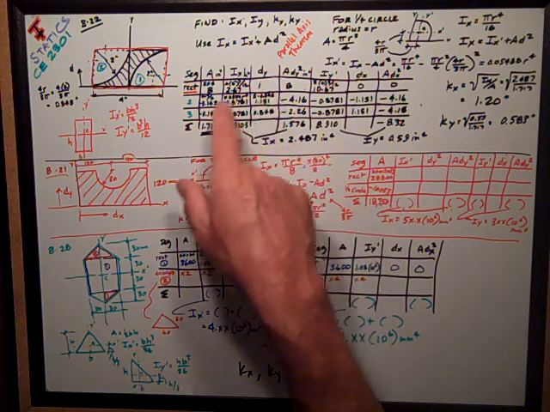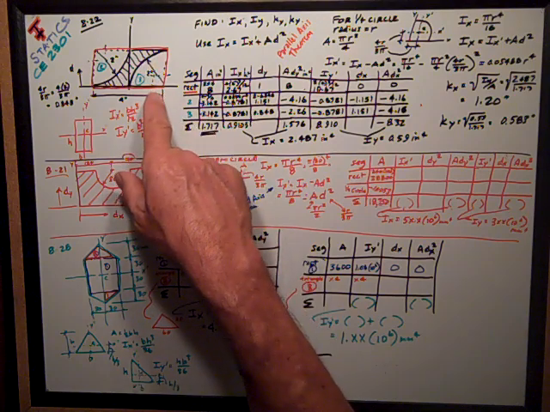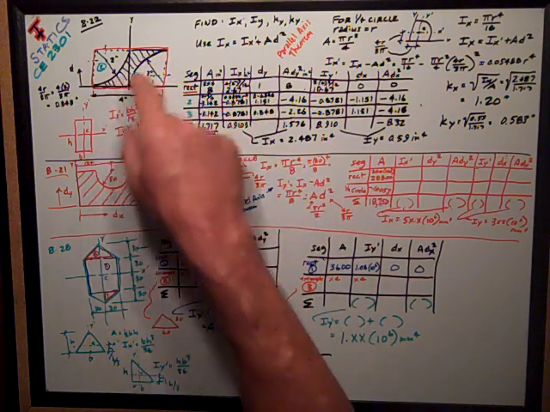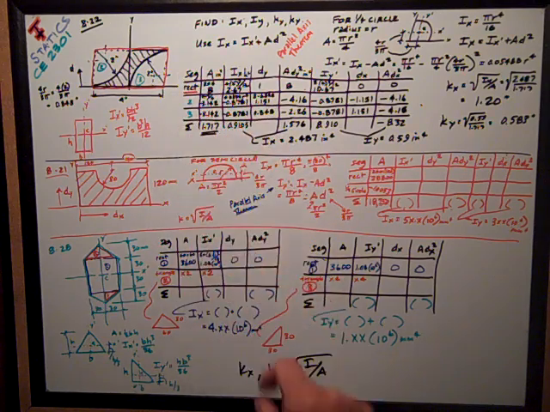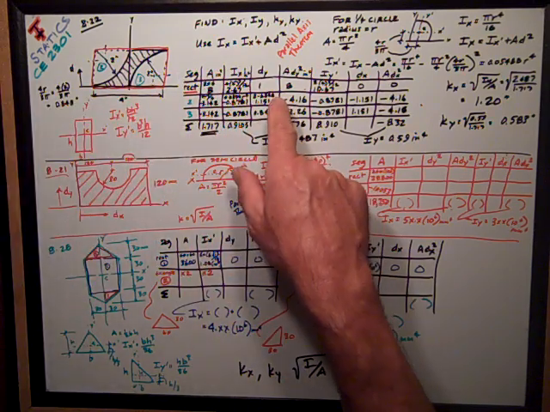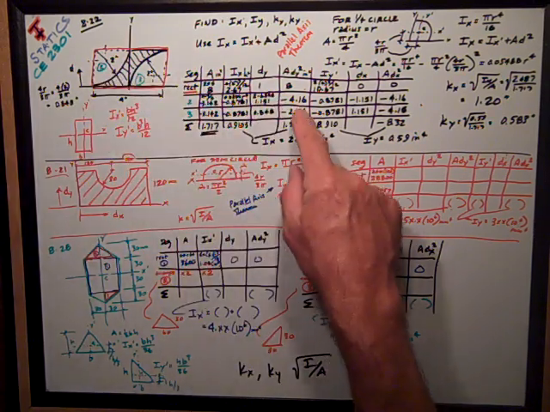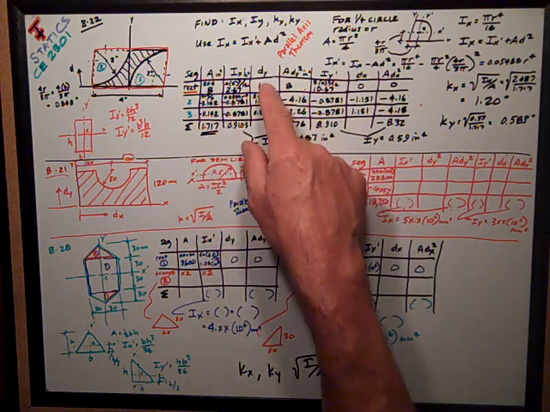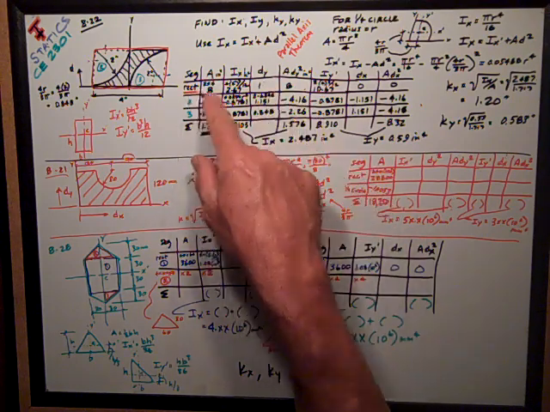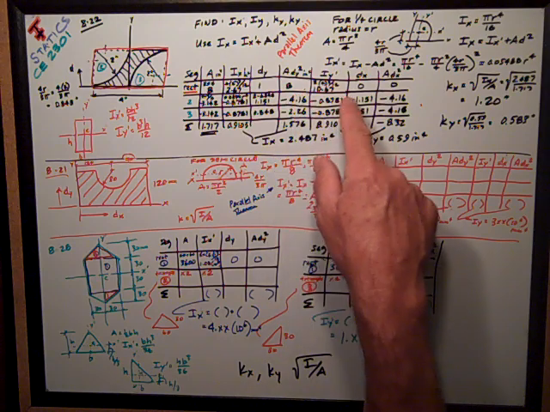Its distance from centroid to the axis I'm taking moments of inertia about is 1, because it's 2 inches high, and so it's half of that, 1. AD squared, A dy squared, is 8 times 1 squared, or 8 inches to the 4th.